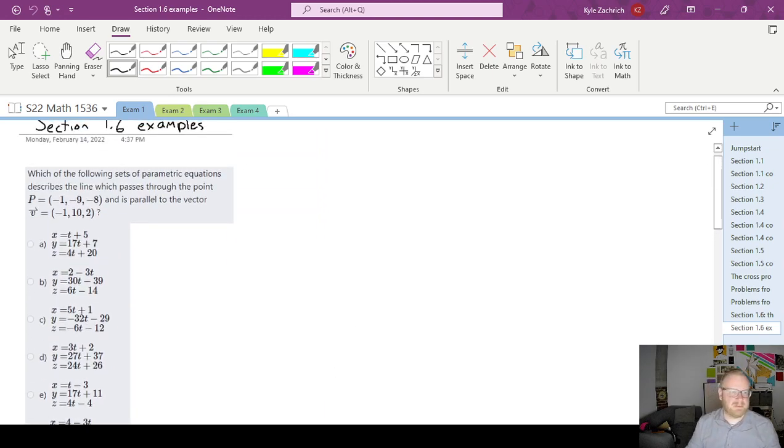So, starting with this first one here, which of the following sets of parametric equations describes a line which passes through the point -1, -9, 8? I'm just going to go ahead and label that P0 because that is a point on the line. And my vector V is my direction vector.